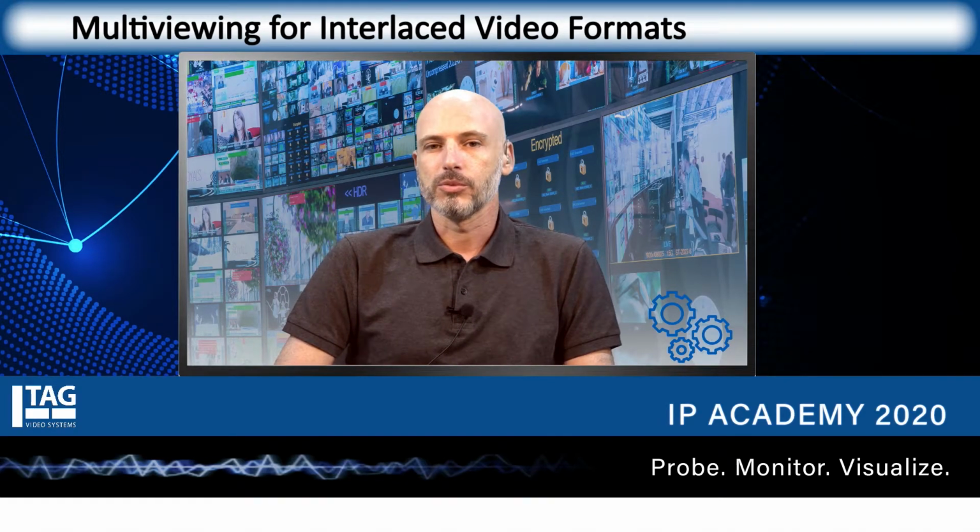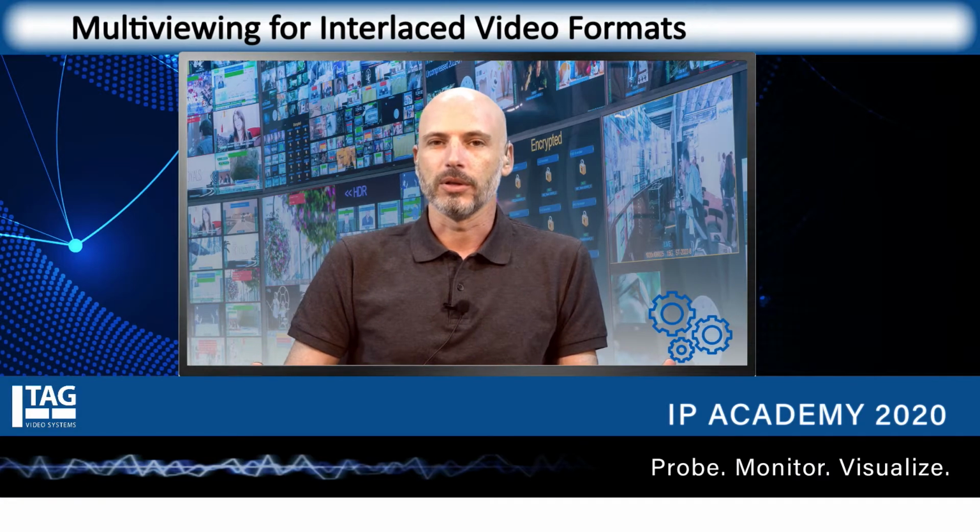And in the end, of course, as we said, the screen will be a progressive screen. It will always be a progressive screen. So it never makes sense to create the monitoring, the multiviewer, in an interlaced format. It only makes sense to create it in a progressive format, so you have less processing on the monitor side. This workflow takes one parameter out of the equation, because different screens do the deinterlacing in different ways.